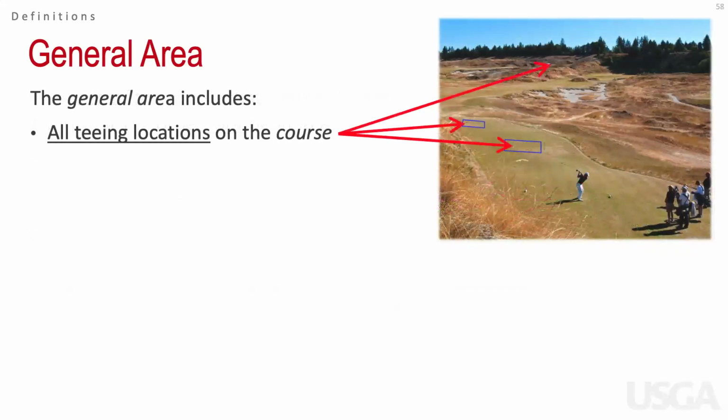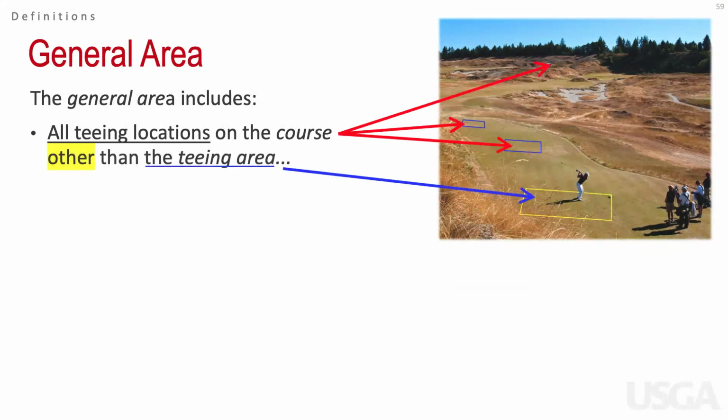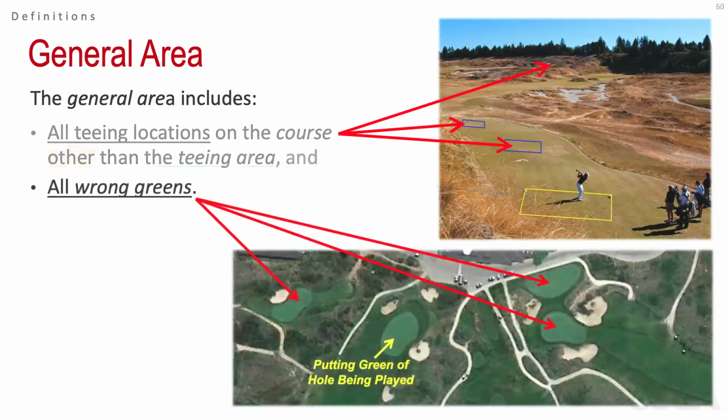The general area is going to include all teeing locations on the course, except for your teeing area, and all wrong greens. So like I talked about, while these are defined areas of the course, they are not for the hole being played.